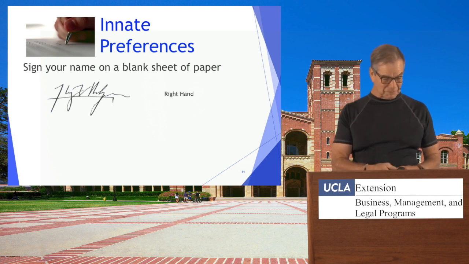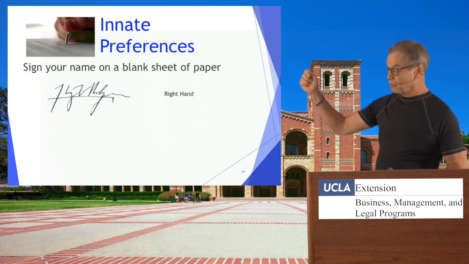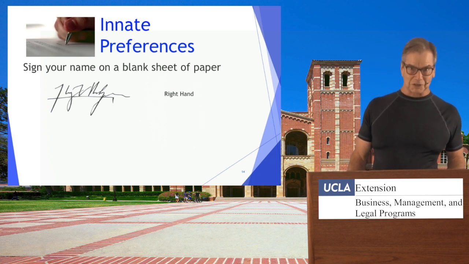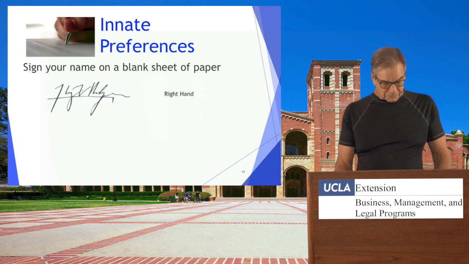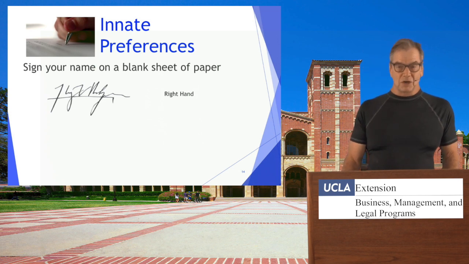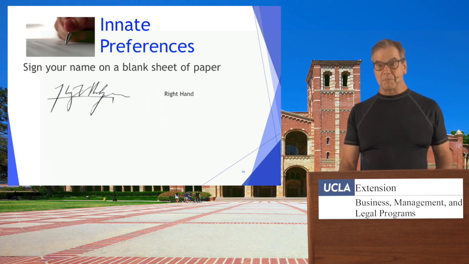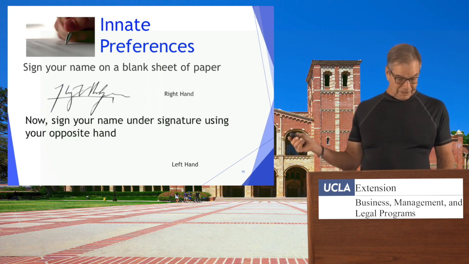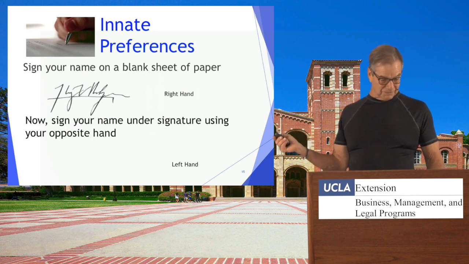I've signed my name, and I'm right-handed, and so there is a right-handed version of my signature. Okay, so when you're done, now I want you to take the pen or pencil with your opposite hand and sign your name. And there we go.